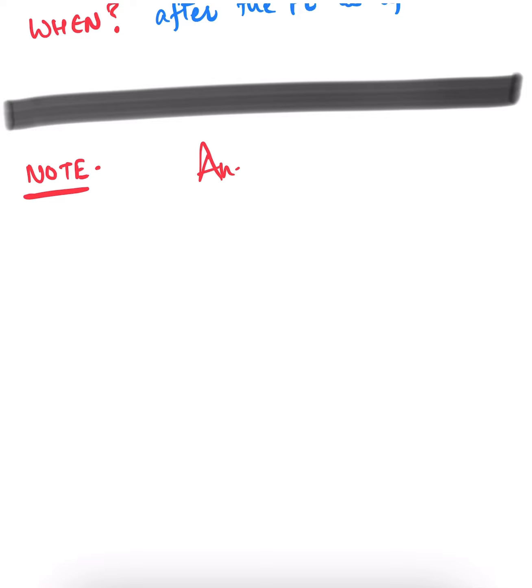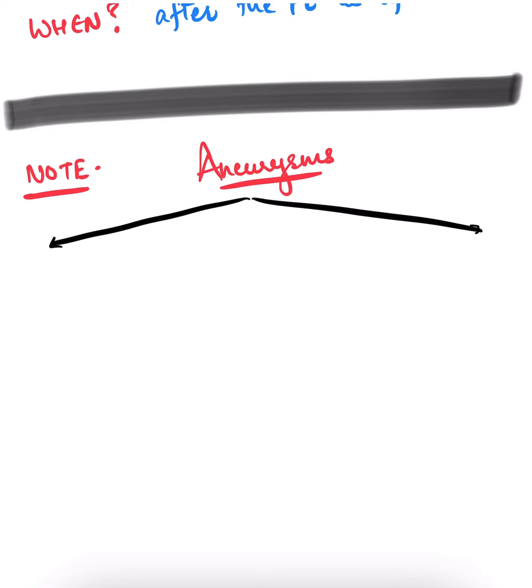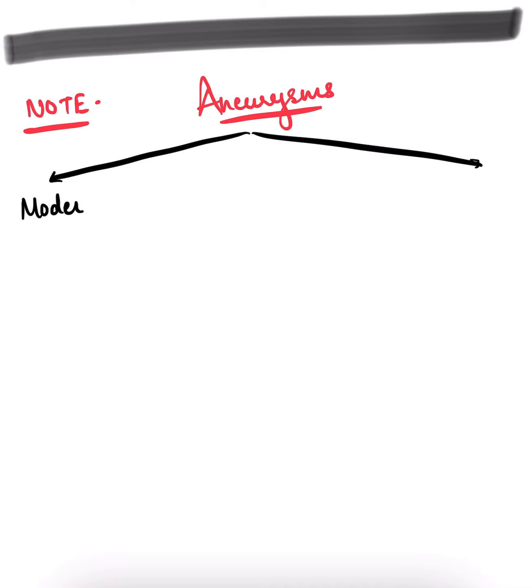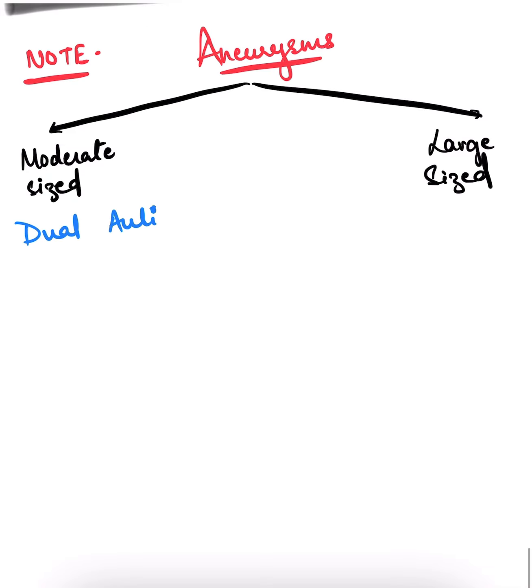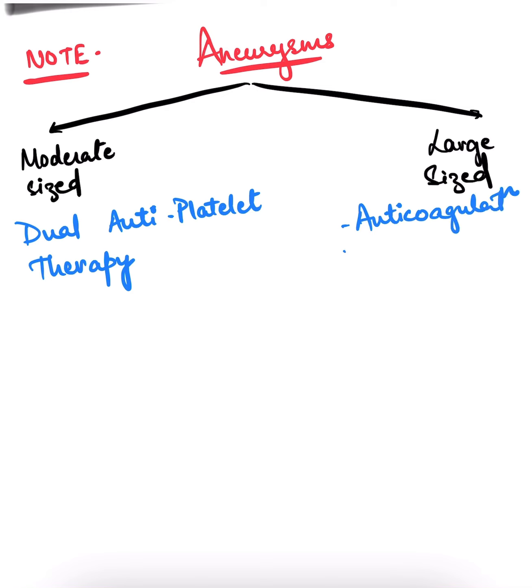When there are aneurysms, either the moderate sized or the large sized aneurysms, when it is the moderate sized aneurysms, the dual antiplatelet therapy is given, and when it is large size, it is anticoagulation with either warfarin or low molecular weight heparin.